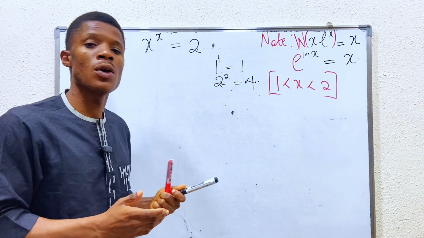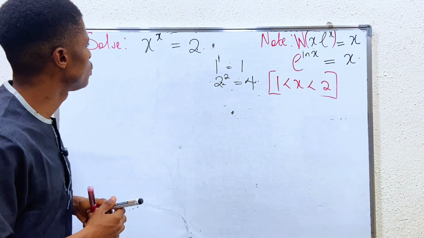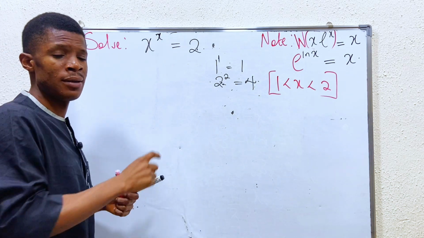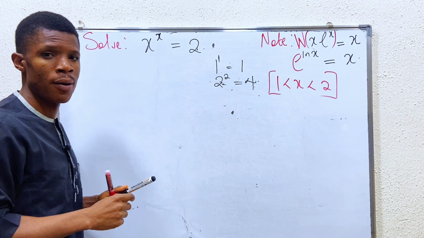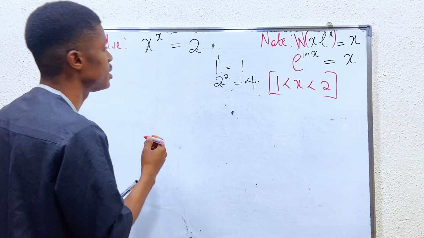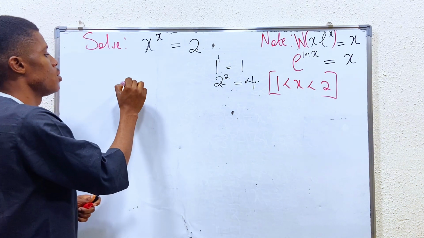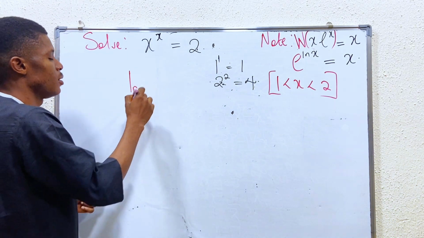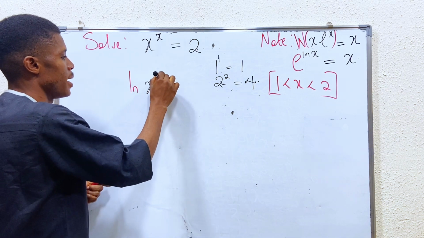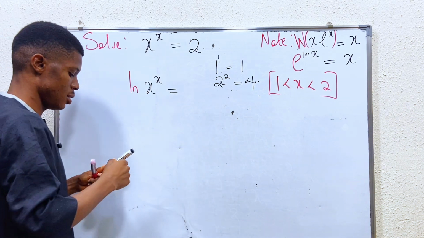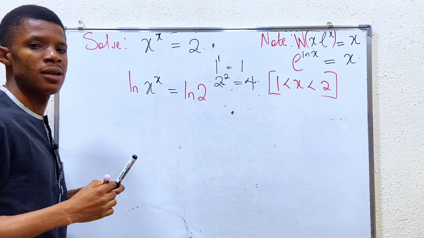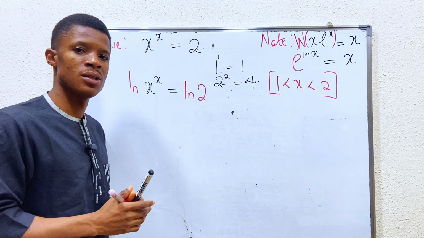So for us to do this, the first thing we have to do is find a way to get down the x as a power or as an exponent. To do this, we take the log of both sides. So we say the ln of x power x is equal to the ln of 2, taking the logs of both sides.